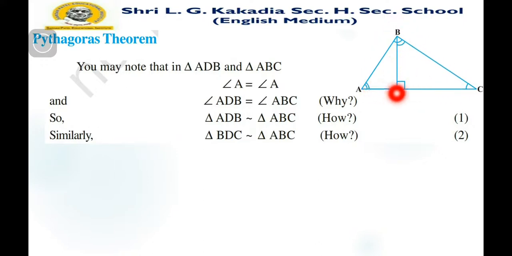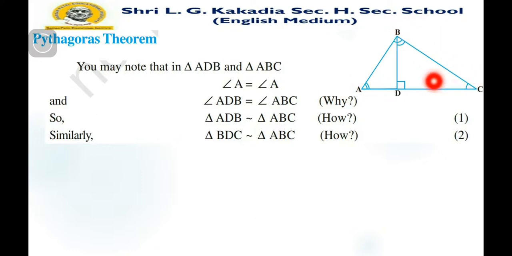So by the AA criterion, triangle BDC is similar to triangle ABC. So if we draw a perpendicular from the vertex of the right angle on the hypotenuse AC, it divides the right triangle into two triangles similar to each other and also to the original triangle.